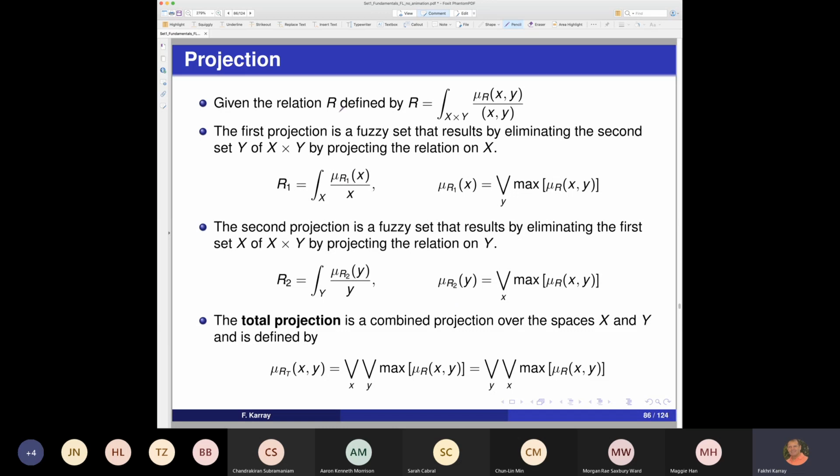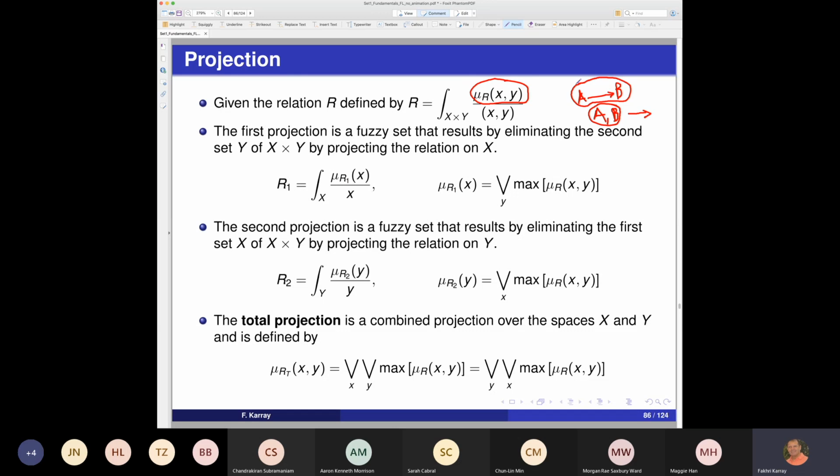Okay, so let's look at this particular type of representation here. Given the relation R defined by R, now we are defining not one membership function, but relations. So what is a relation? A relation could be A implies B, or it could be two antecedents, A, B implies C, and this is the Cartesian product of that particular type of relation. And both of them, we have seen, are equivalent to the minimum membership function or the T-norm in the general type of representation.